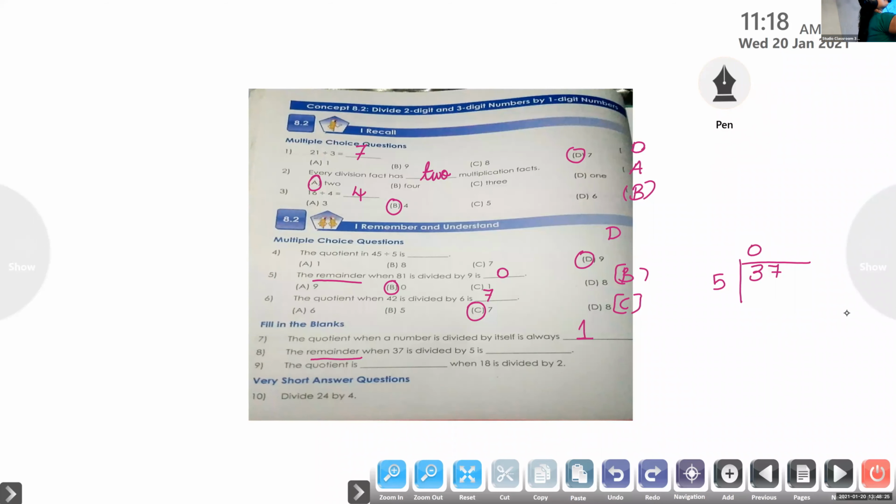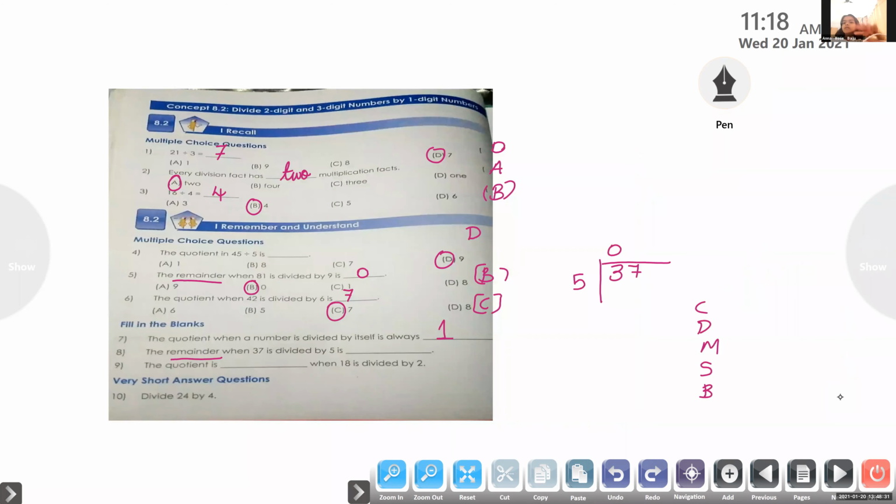So see, comparison step over. Next step is division. For that, we want to multiply. Table we have to write.